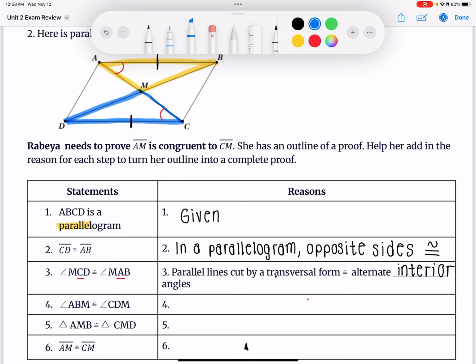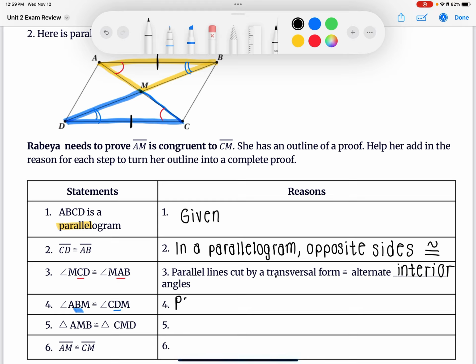Then we know that angle ABM is congruent to angle CDM. So ABM, that angle is right here. And I know it's congruent to angle CDM, which is right here, because of the same reason. In a parallelogram, parallel lines cut by a transversal form congruent alternate interior angles.